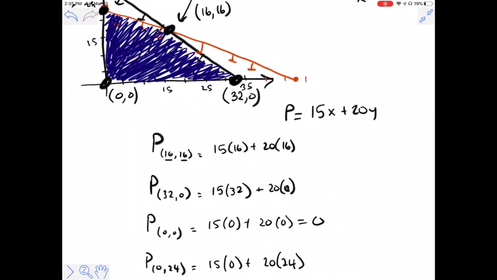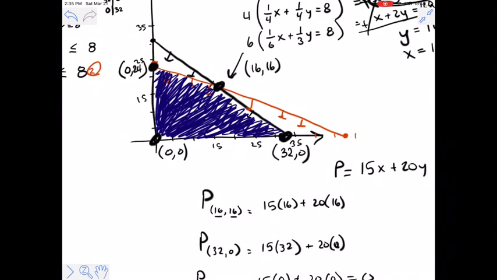Now before doing this, let me just go back and explain something real quick. What this feasible region means is this shoe manufacturing place can make, in this case, 32 Oxfords, 0 loafers, or 16 Oxfords and 16 loafers, or 0 Oxfords and 24 loafers, or it can't make anything.